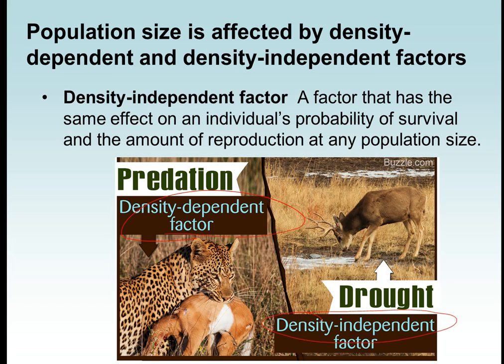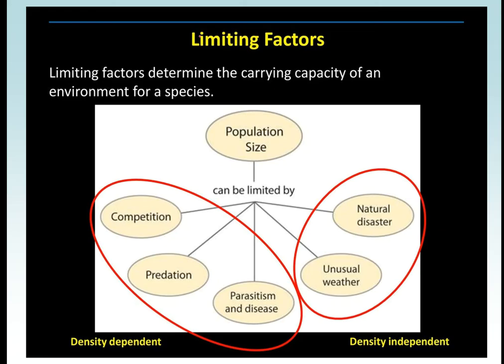Things like hurricanes and droughts and tornadoes and storms that come through can decimate populations, and it doesn't really matter how many are there.